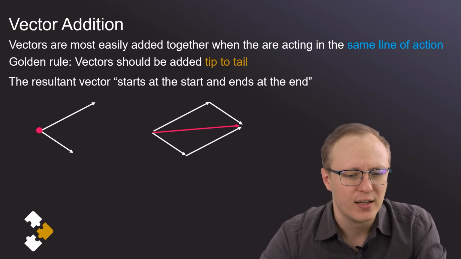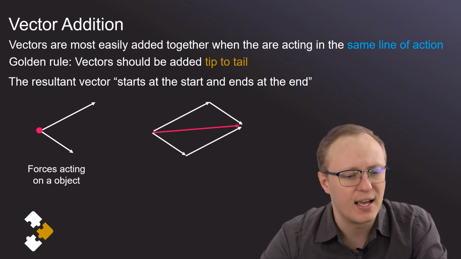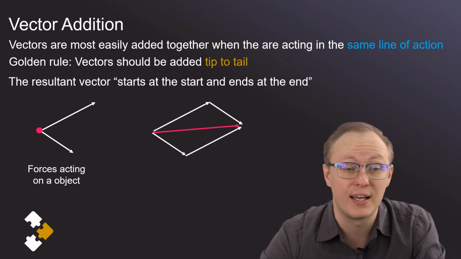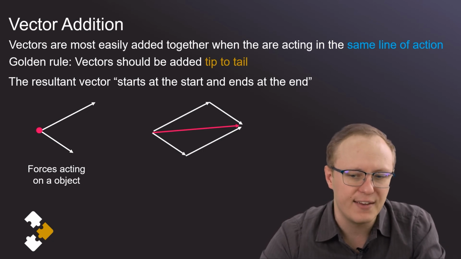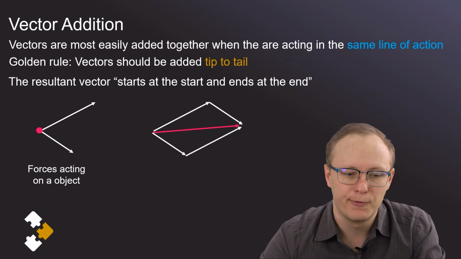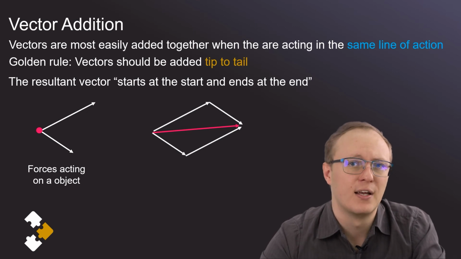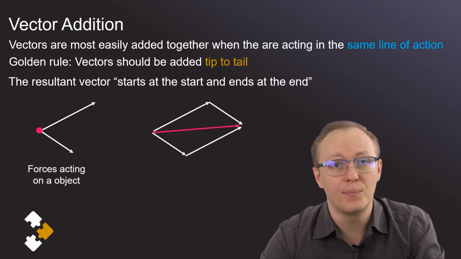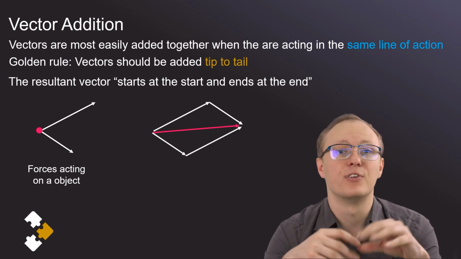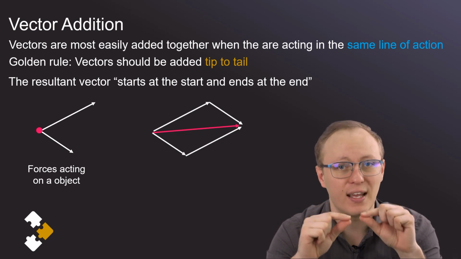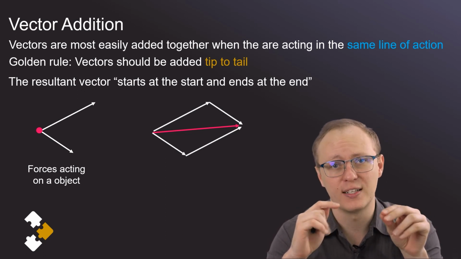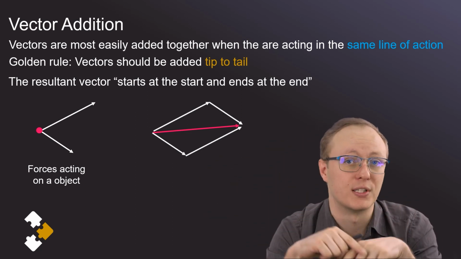Right, so here is a good time to note a particular difference in how we lay things out. Now, on the left-hand side there, we've got forces acting on an object. Now, when vectors are acting on an object, we're going to put the starting points, the tails, on the object, and then the arrows point off wherever they're pointing off.